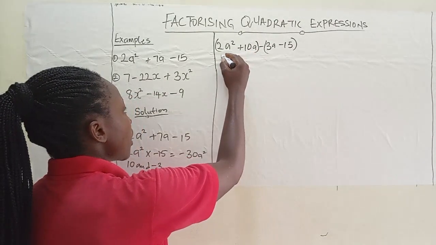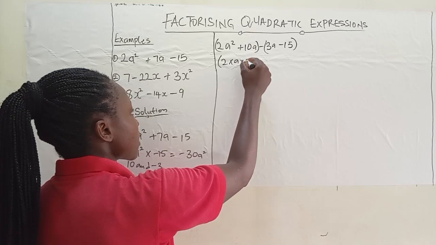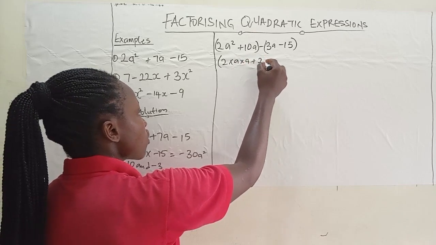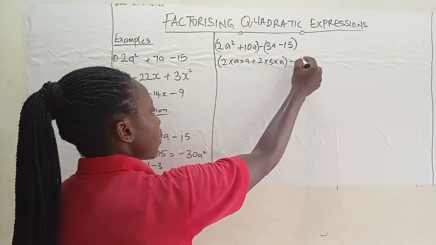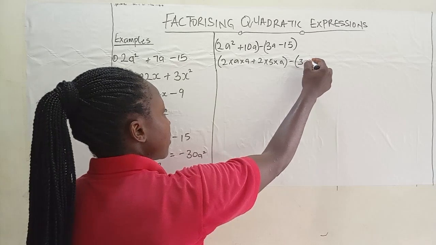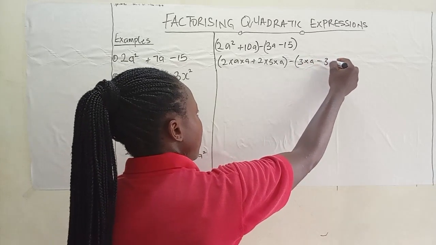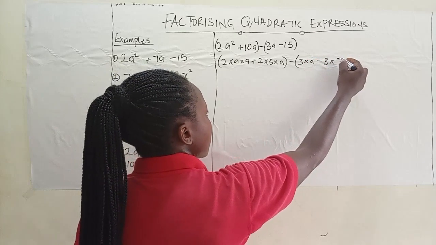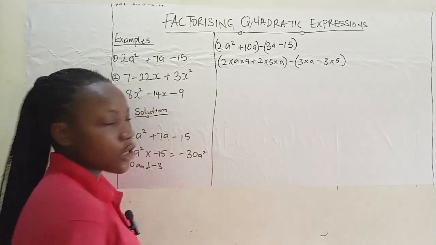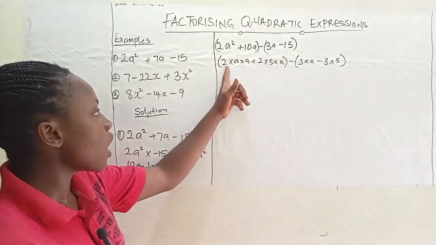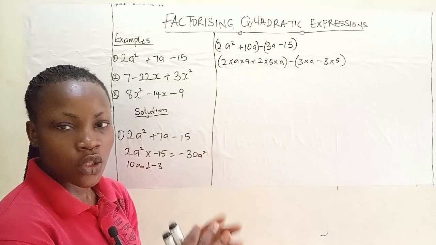So in this first one, we have 2 times a plus 2 times 5 times a, minus 3 times a minus 3 times 5. Now, if you watch here, we have 2 here and we also have 2 here. So it's a common factor.